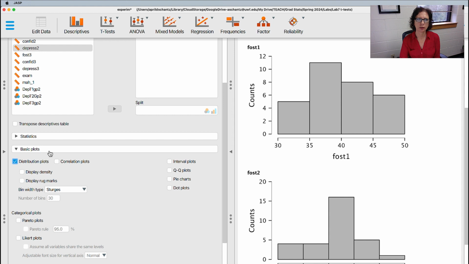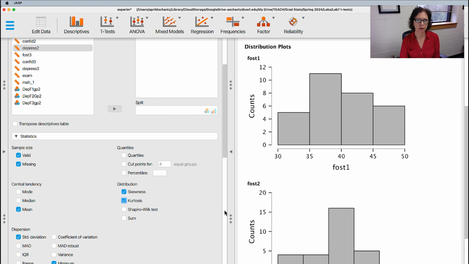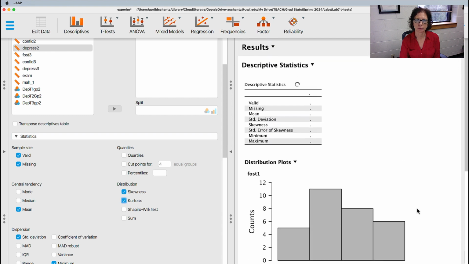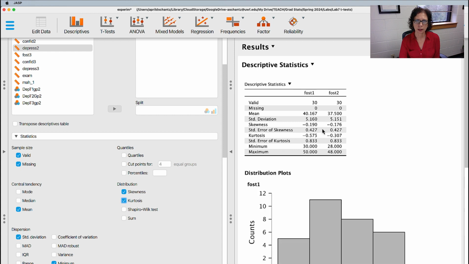Let's go check our other numbers as well. Back to our statistics fold down, and let's look at skewness and kurtosis. Looks like we have negative skew and a kind of flat kurtosis there.